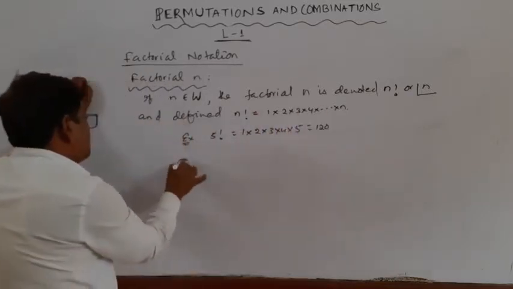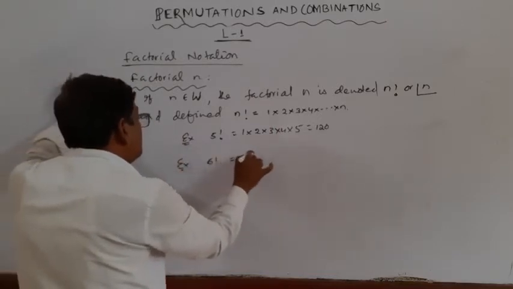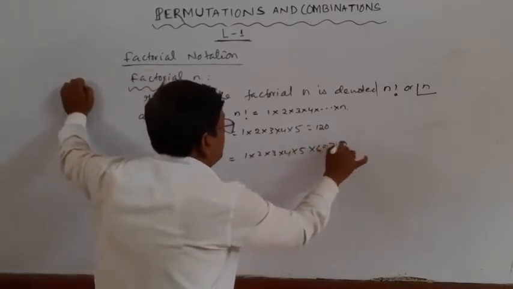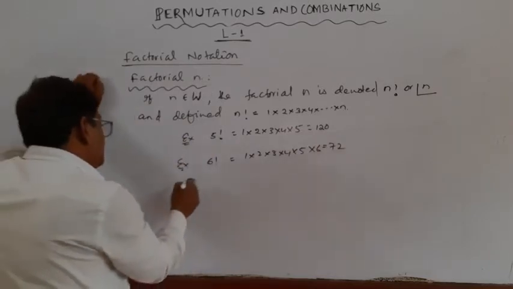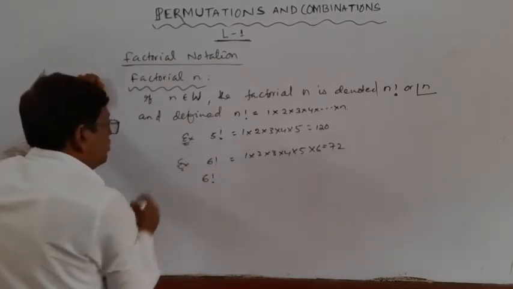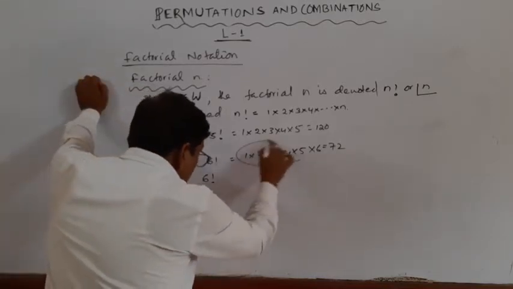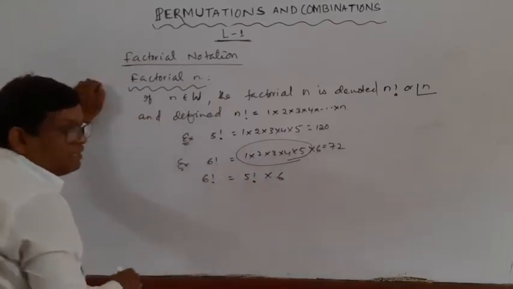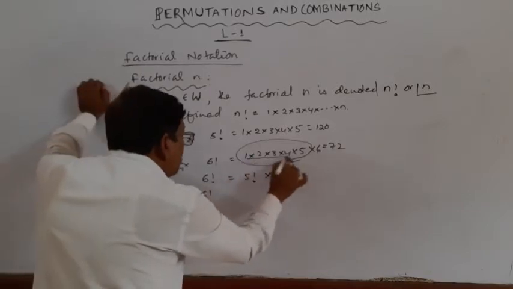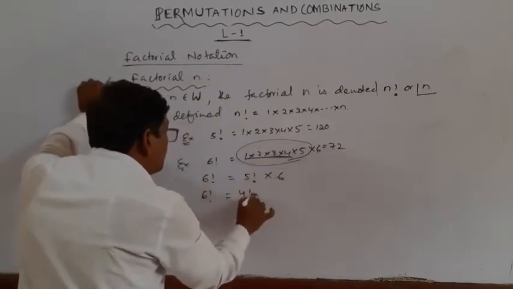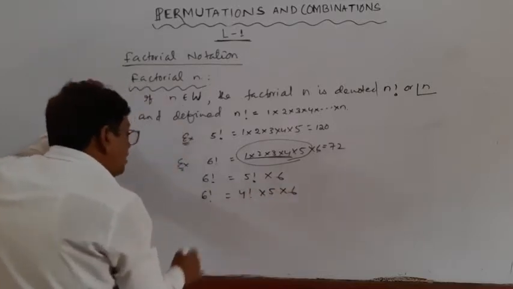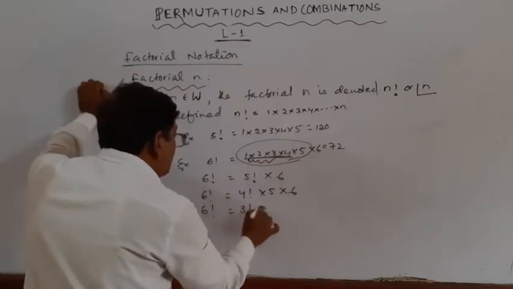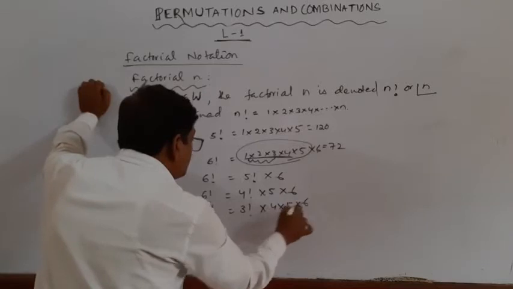Example, what is 6 factorial? 6 factorial equals 1 into 2 into 3 into 4 into 5 into 6, that is 720. 6 factorial can also be written as 5 factorial into 6, or 4 factorial into 5 into 6, and also 3 factorial into 4 into 5 into 6, etc.